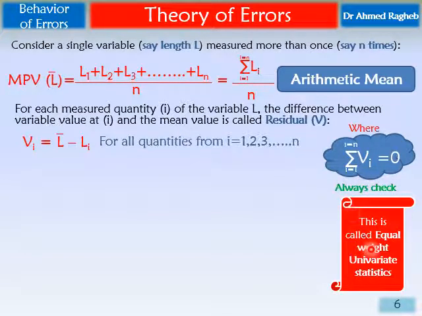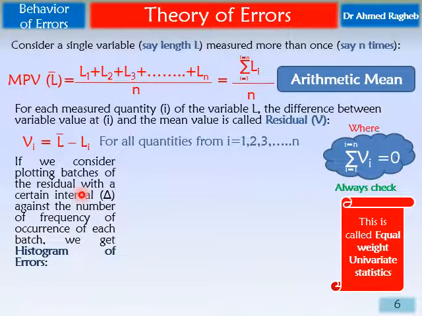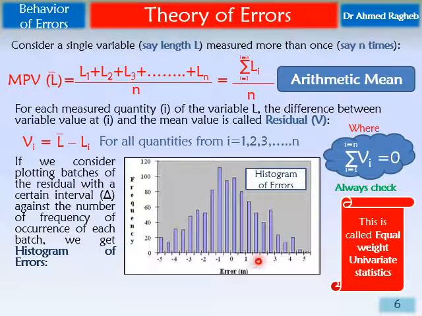So let's see how we deal with equal weight univariate statistics. Equal weight because you didn't weigh any measurement more than another, and univariate because we're dealing with only one variable. If we measured n times, we can draw the histogram of errors.